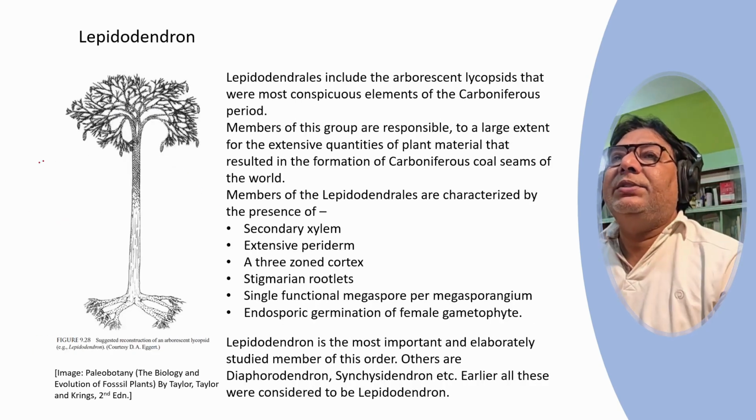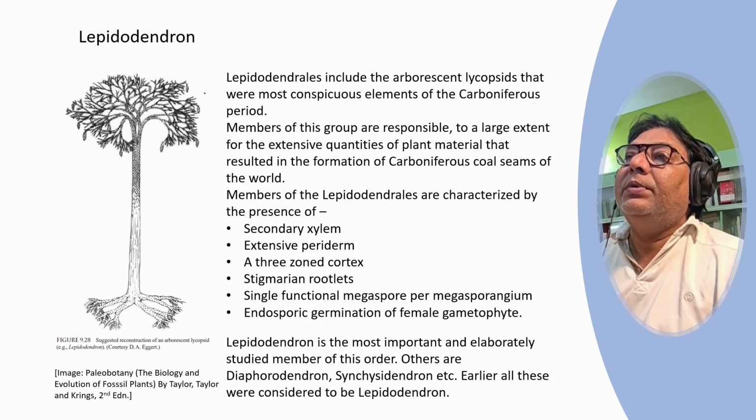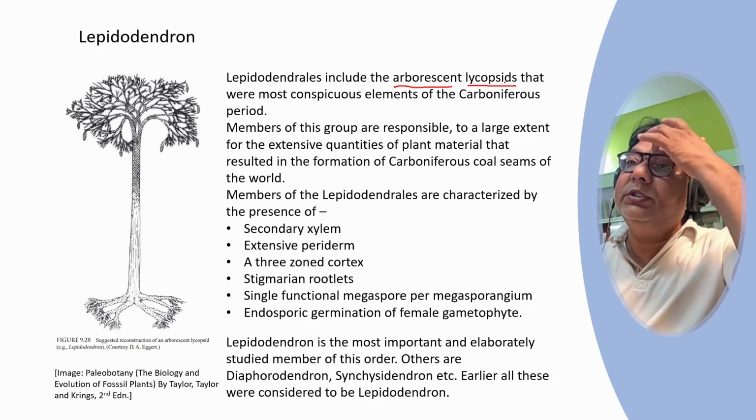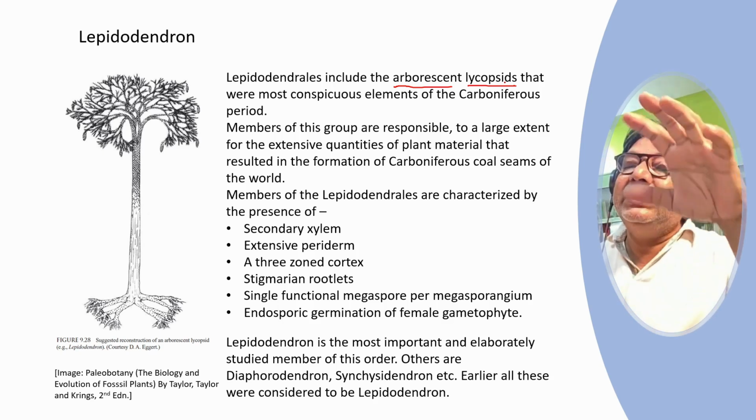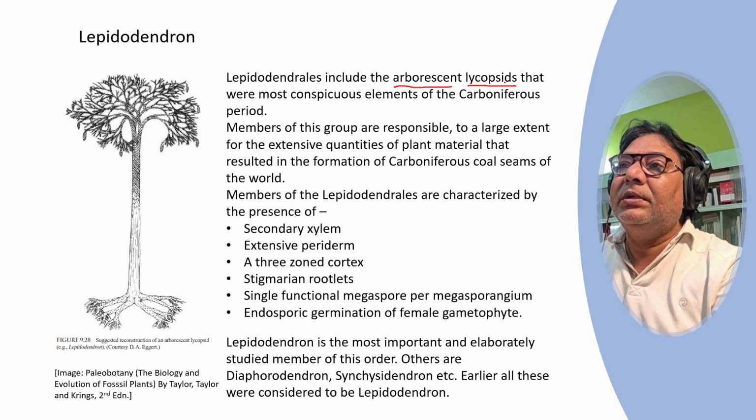What is the characteristic? Lepidodendrales include the arborescent Lycopsid. Remember this word, arborescent Lycopsid. Because sometimes, as I said, the genus name is not given in the question. You might be asked to describe the arborescent Lycopsid given in your syllabus.